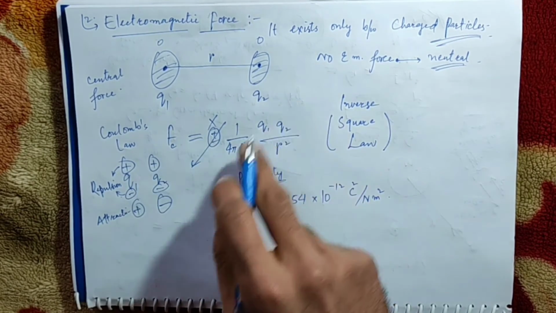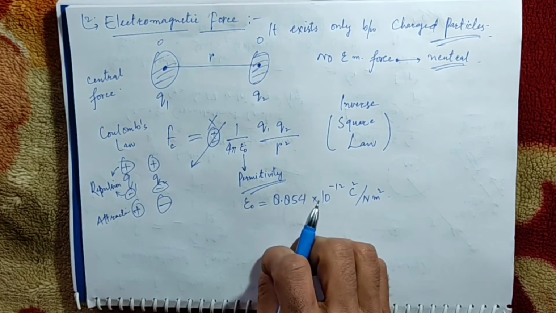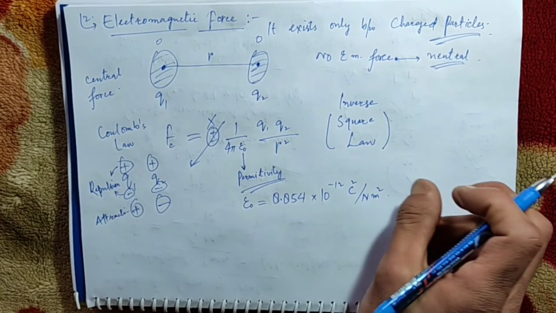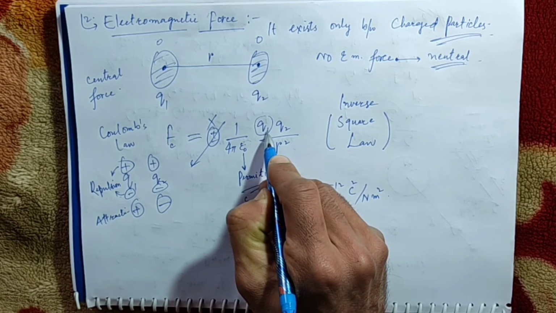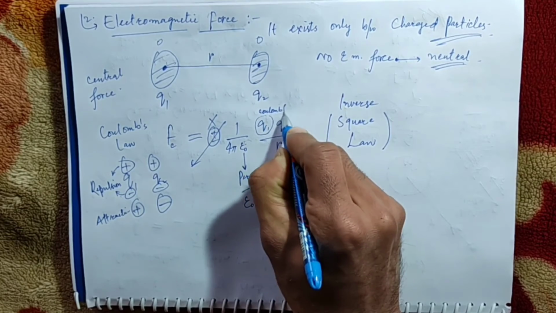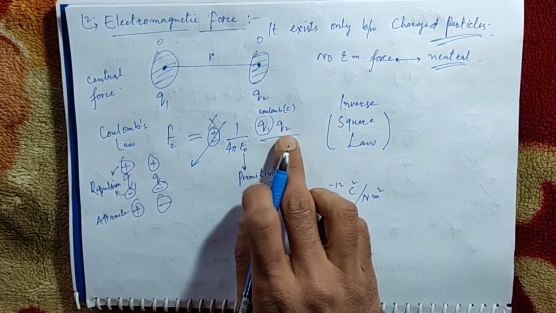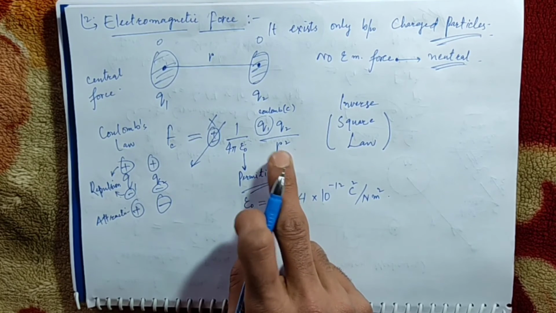Just cross multiply and rearrange. You only have to note that in gravitational force there was a mass, but here it is charge, which has units of Coulomb, represented by C. So C into C means C square, divided by R square means meter square.